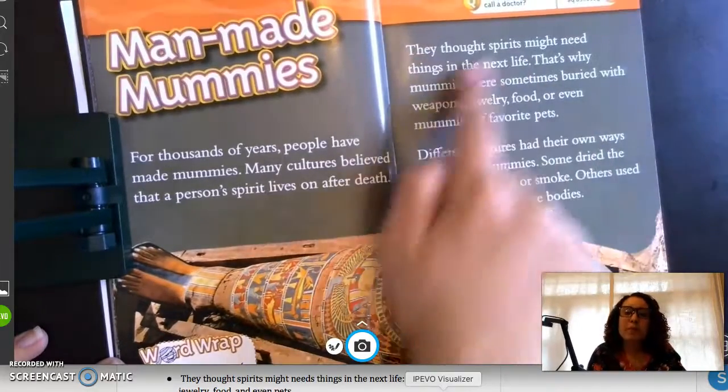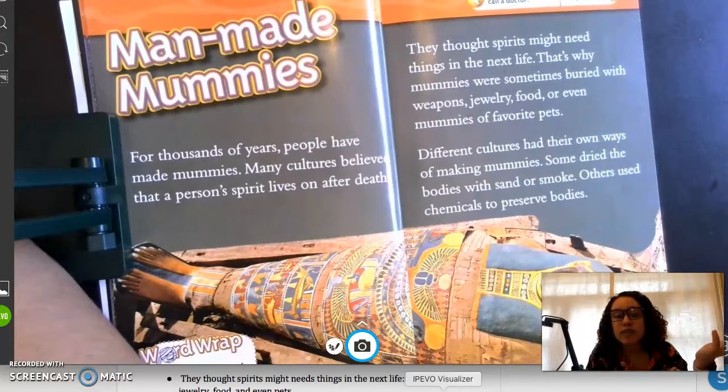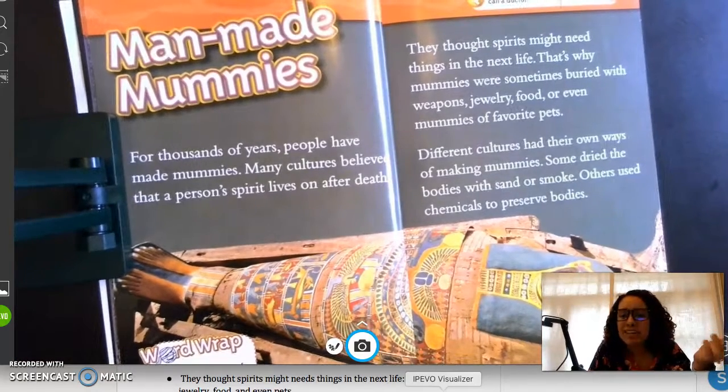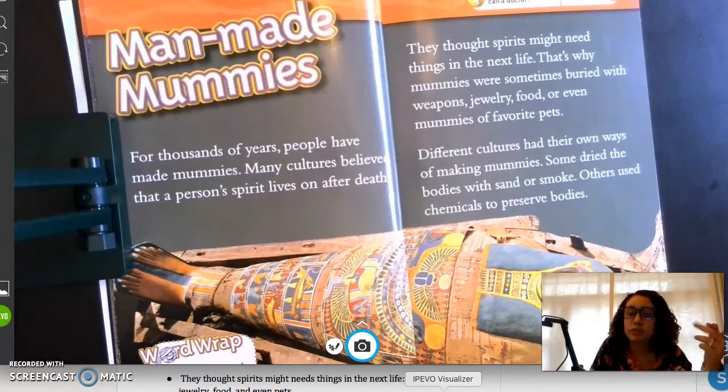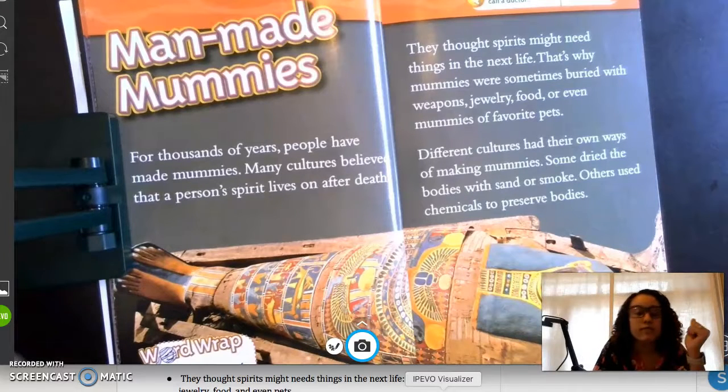They're thinking about what they might need in their next life. And if we think about what we need in our normal life, we need a shelter, we need food, we need water. And so they were thinking very similarly about what this mummy needs. Now that this person has died in this world, what do they need for their next life?